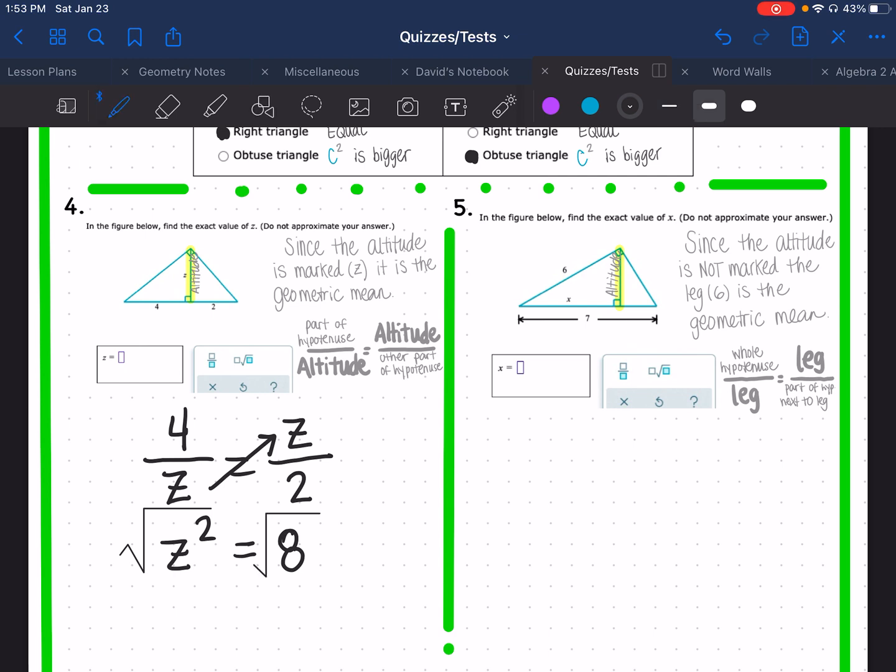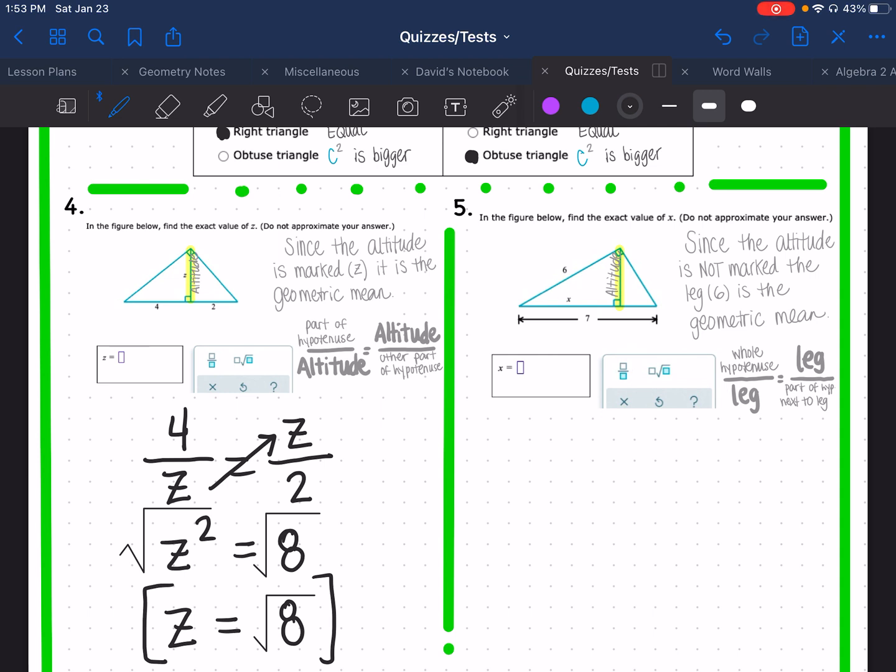We're going to ignore the fact that we do have a negative square root because we're talking about a part of a triangle. It is asking us to not approximate our answers. Do not approximate your answer. So you are simply going to leave this as the square root of 8. That's what you're going to put into Alex.